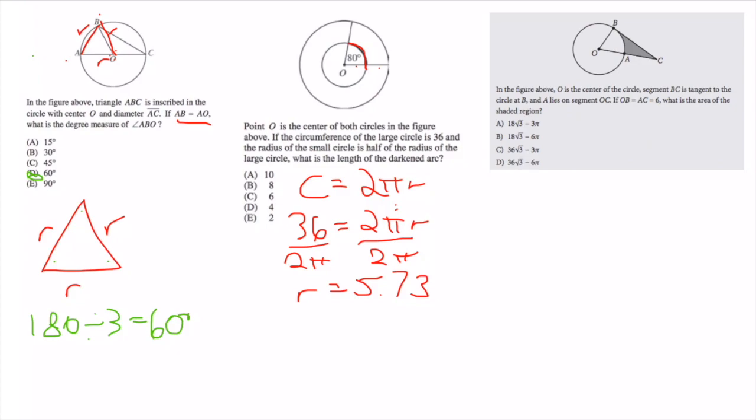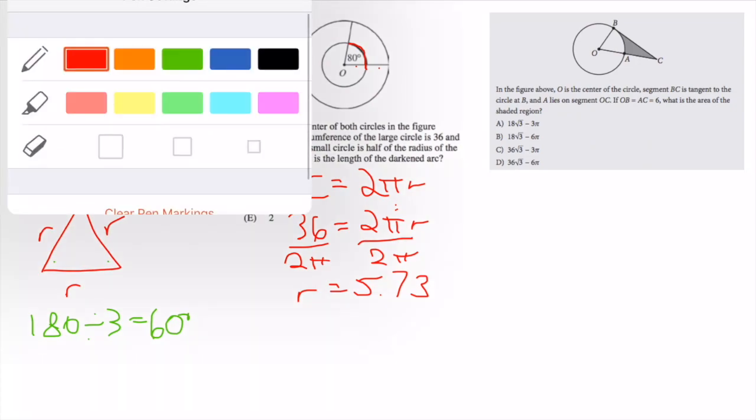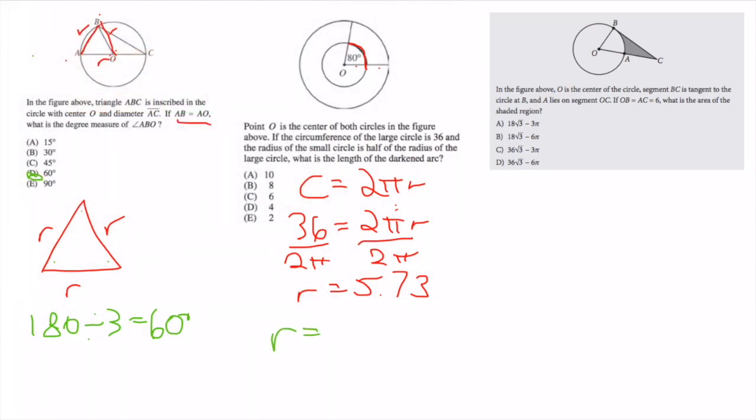So if that's the radius of my big circle, then it follows that the radius of my smaller circle is just 5.73 divided by 2, because it's half the size, which equals 2.86.